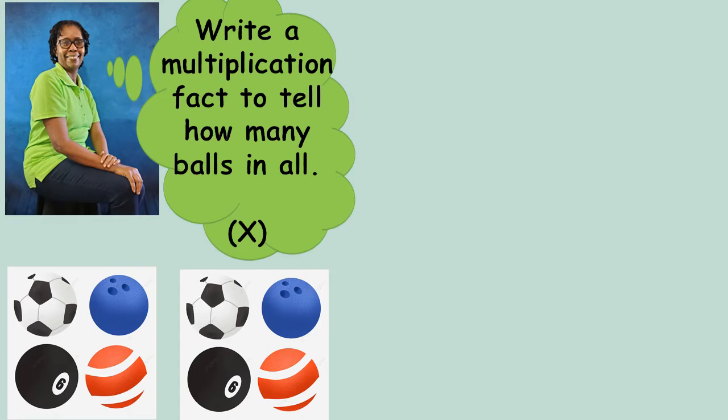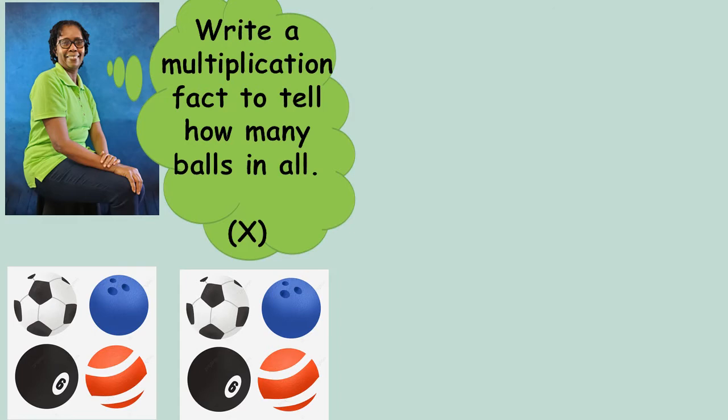We are now going to look at some objects, and we are going to write a multiplication fact to tell how many in all. You are going to need your book and your pencil so that you can participate, okay? All right, so our first problem is write a multiplication fact to tell how many balls in all.